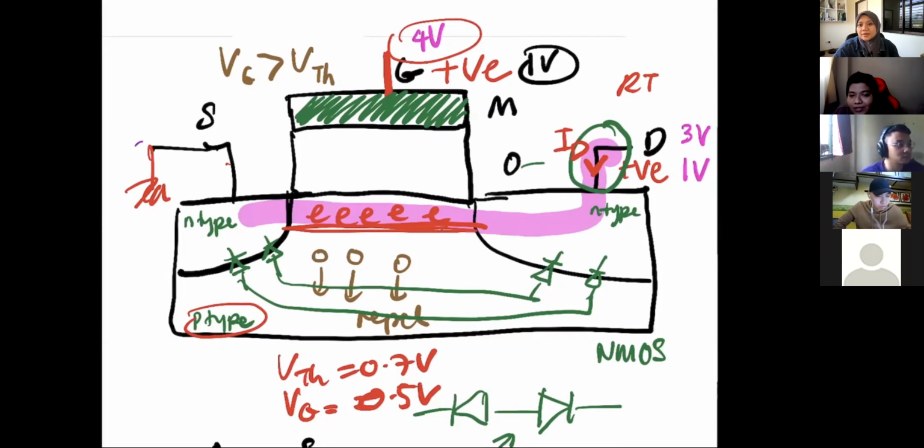When we supply the VGS at 4 volt, whenever we supply from 1 to 3 volt, the channel size would increase as more electrons would be attracted to the channel. But when we reach more than 3 volt, there is a limit to how many electrons could be attracted by the channel.